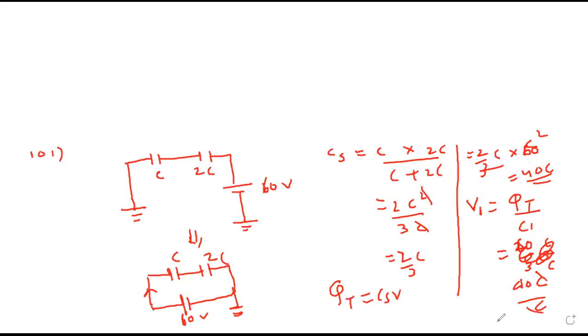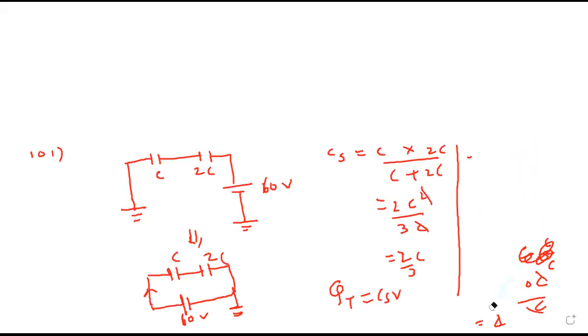Upon C cancel equals to 1. The charge is one second. I found voltage given charge. Charge on first and second both are same.